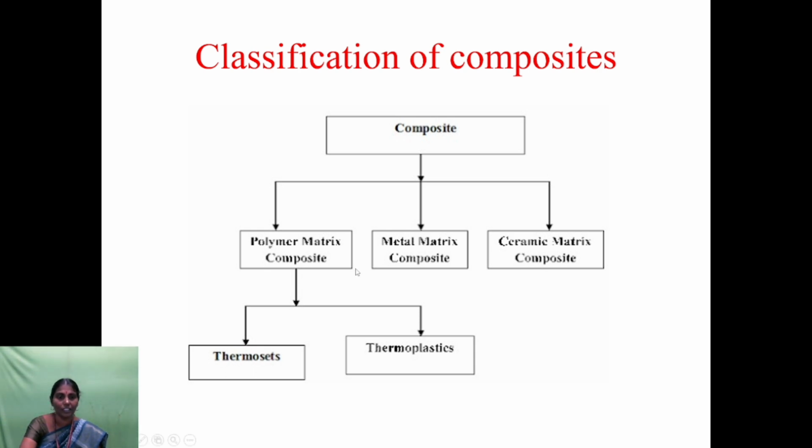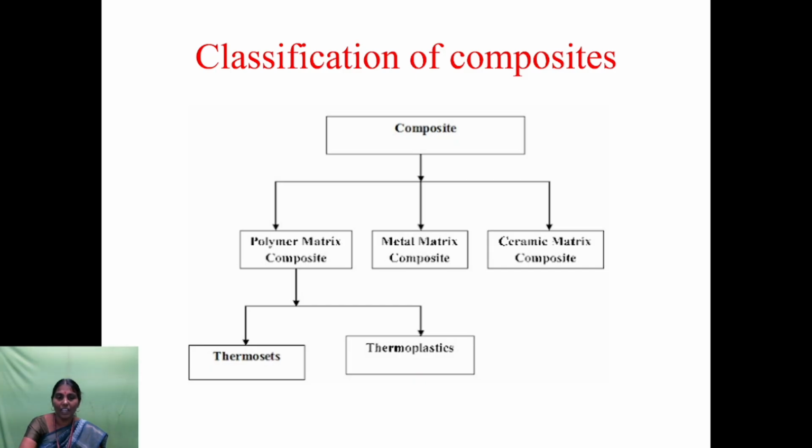Okay, so the first one is the polymer matrix composite, simply called PMC. Polymer matrix composites have several advantages. Nowadays 90% of the composite materials used in our daily life are polymer matrix composites.